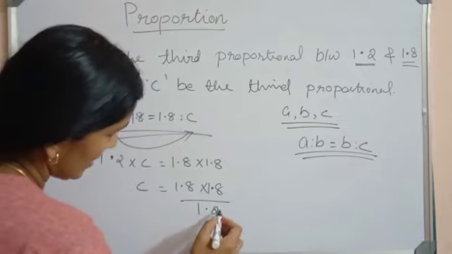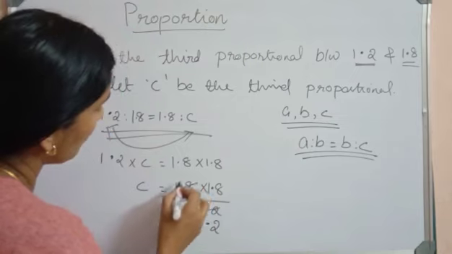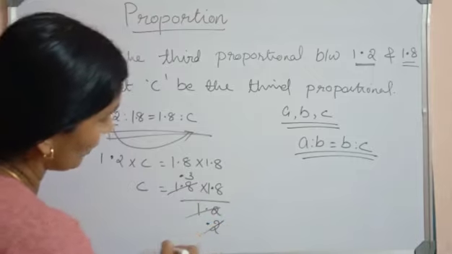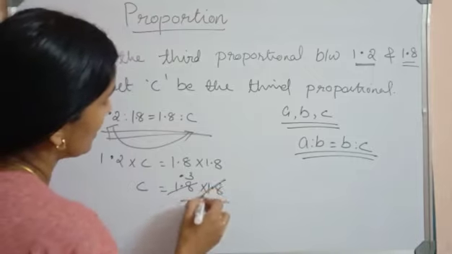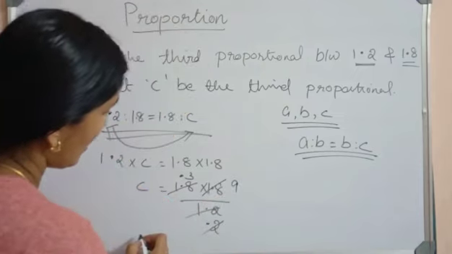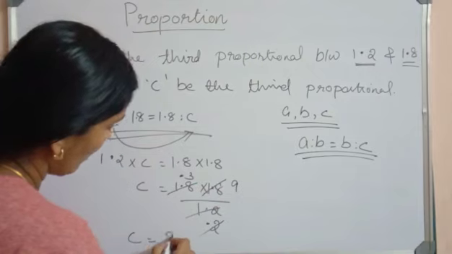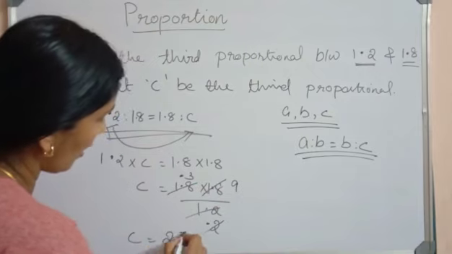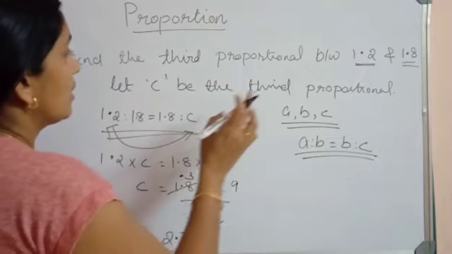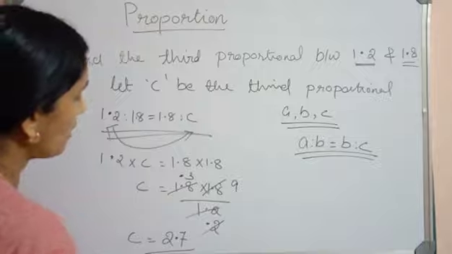With 6, if you cancel, this will be 0.2 and here this is 0.3. Again with 0.2, if you cancel, this will be 9, and when you are multiplying 0.3 into 9, you get the value of C as 2.7. So we can say that the third proportional to 1.2 and 1.8 is 2.7.